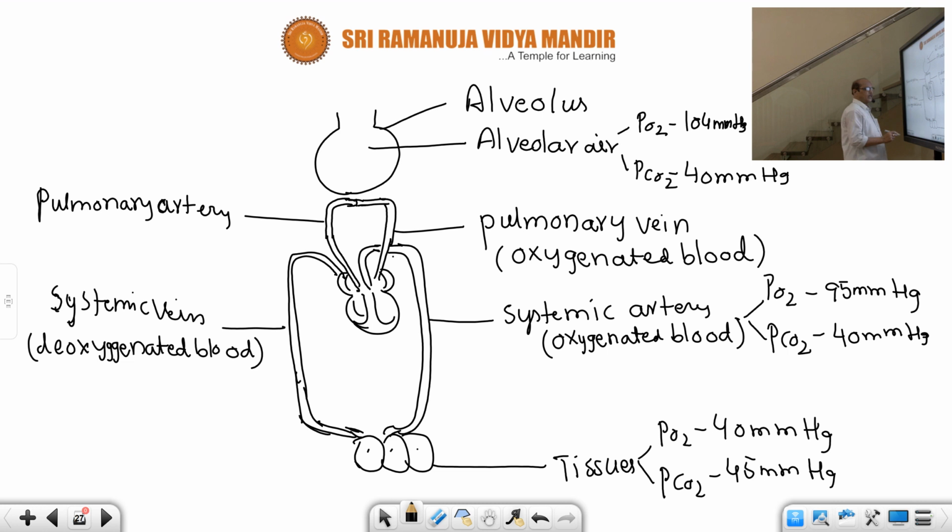In the deoxygenated blood, what are the PO2 and PCO2? PO2 is 40 mm mercury and PCO2 is 45 mm mercury, as it is in the tissues.